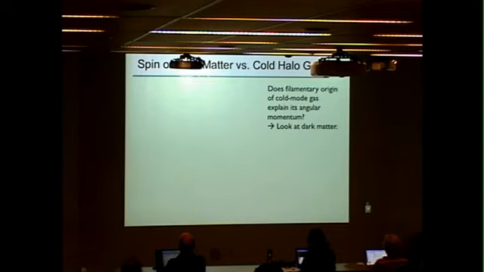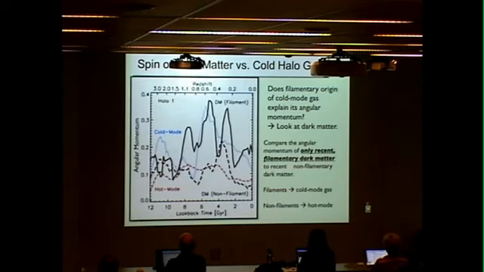Everything else we're going to call non-filamentary dark matter, coming in from everywhere else. Then we compare to the hot and cold mode accretion and see if they're similar at all. Now, there's a whole bunch of scatter, because that's not the most robust way of figuring that out. If you come up with a robust way of picking out dark matter particles that were filamentary only, please let me know.